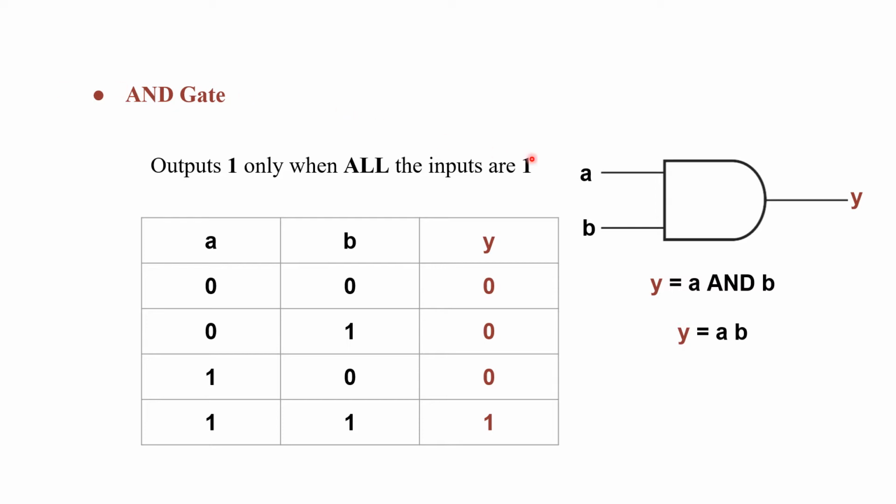Here we have labeled the inputs as A and B, the output as Y, and only if A and B are 1, which is the last row in the table, then the output is 1.